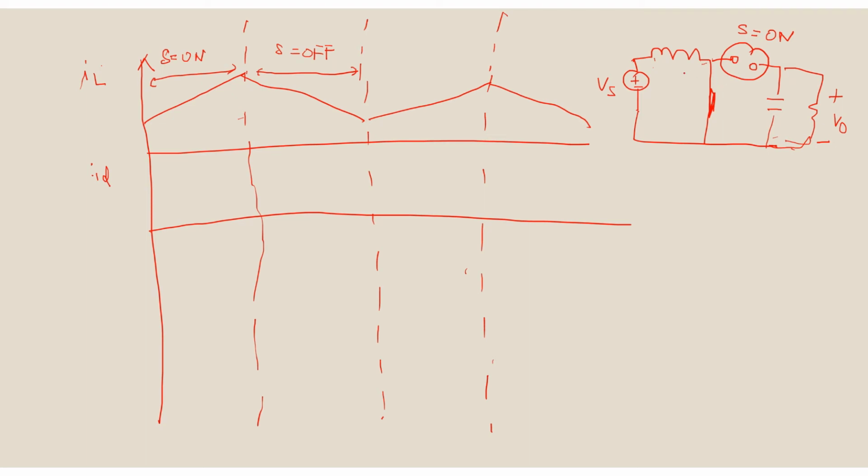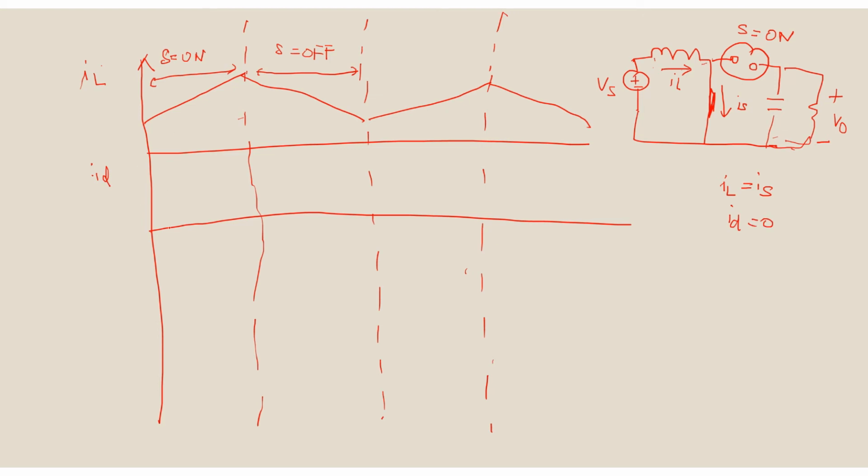So the IL now is the same as the IS. That's what I meant in my previous slide: IS equals IS during the switch on. So you see here now the ID is 0.